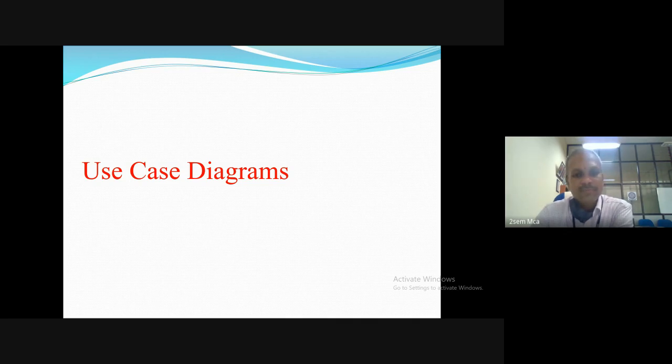Here we view the system as a software system, and the people who are going to use it from an end-user perspective are outside the boundary of the use cases, whom we call actors. That is the differentiation brought in by this concept.